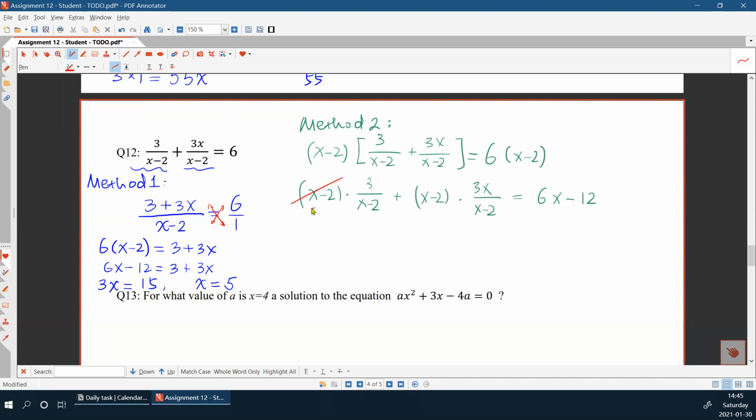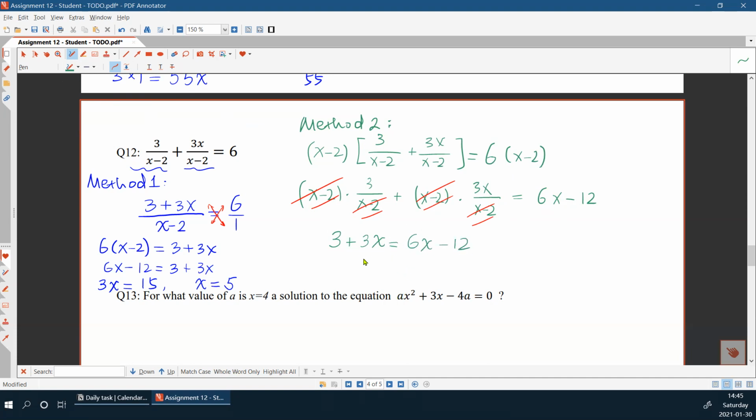And now, note that we can cancel these x minus 2. And the left-hand side becomes 3 plus 3x. The right-hand side is 6x minus 12, right?